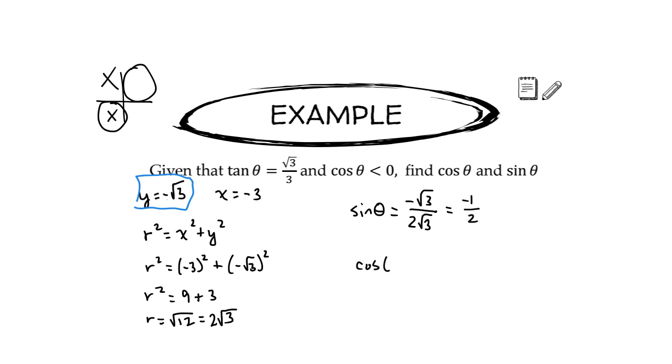Meanwhile, cosine is just my x-coordinate, negative 3, divided by, once again, my radius, which is 2 root 3. And when you rationalize the denominator, you get negative root 3 over 2.